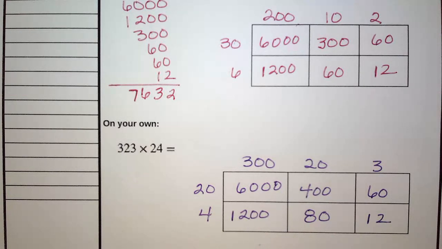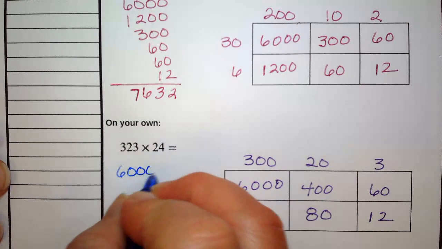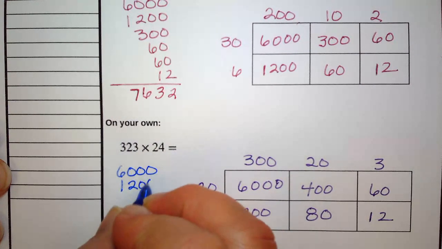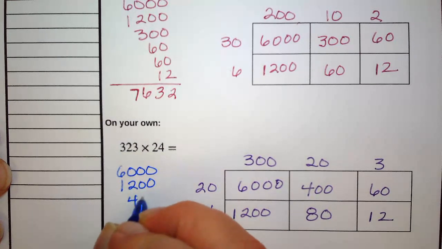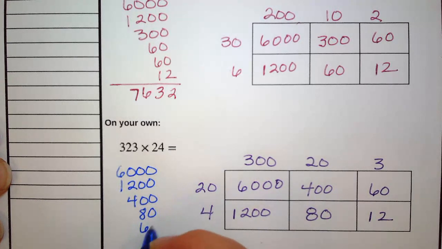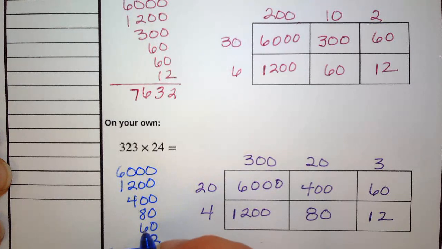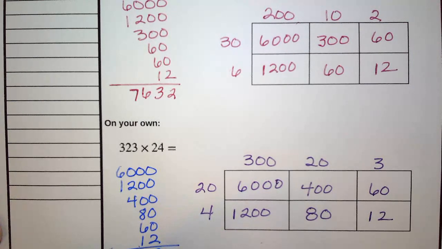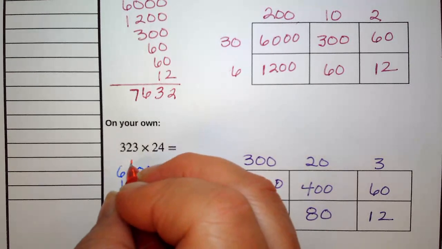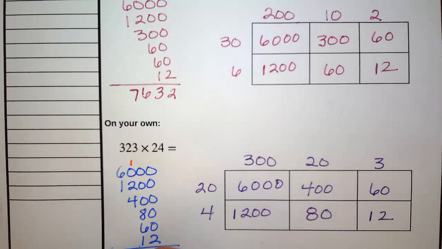Let's add it all up together. 6,000, 1,200, 400, 80, 60, and 12. When we come down, we have a 2. We've got 8 plus 6 is 14, plus 1 is 15. Put the 5 down and carry that 1. 1 plus 2 is 3. 3 plus 4 is 7. 6 plus 1 is 7.